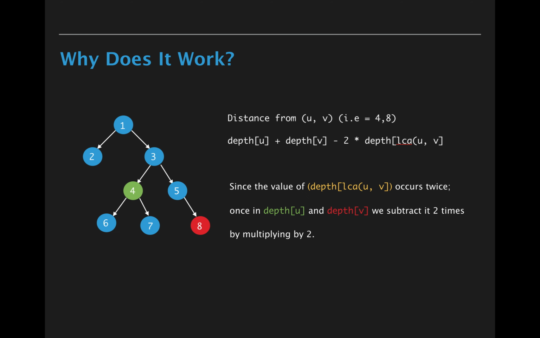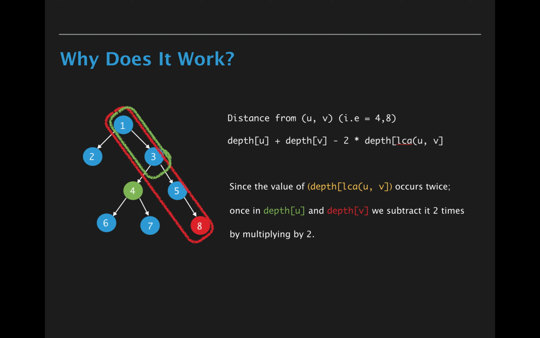So why does this work? For example, if this is our tree and we wanted to find the distance from 4 to 8, look at the first value, that's the depth of U. Let's say U is 8. So the depth of 8 can be drawn like this, and that's the depth of U. Now we're adding the depth of V, which is 4, and we can draw 4 like so.